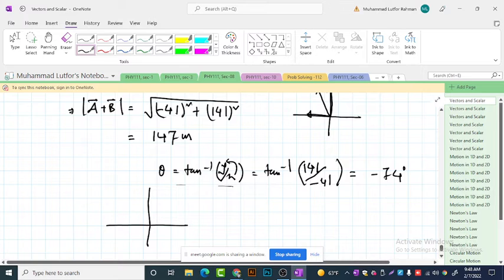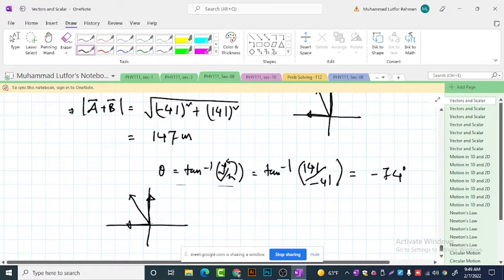If you use the formula tan inverse y by x, it always gives you the angle from the nearest x axis to the y axis. Now this is my x component, towards the negative x direction, and this is my y component, and I know the resultant vector is in between these two.